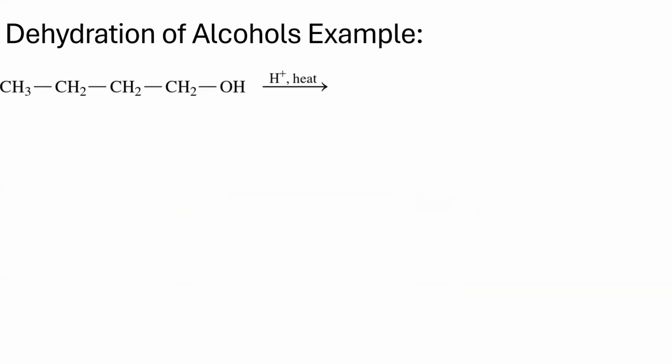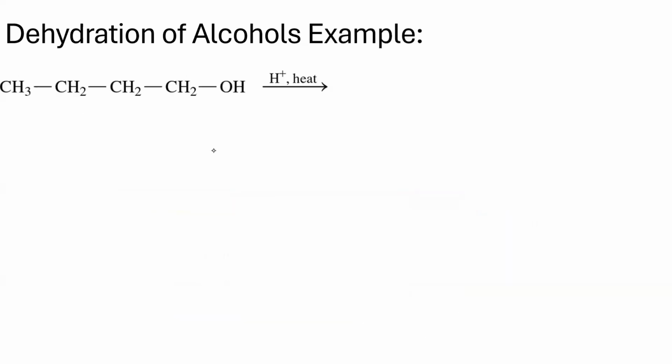So let's draw out some structures of dehydration reaction products. I'm actually going to draw this a little differently. I'm going to draw this as 2, 3, 4, and then OH.